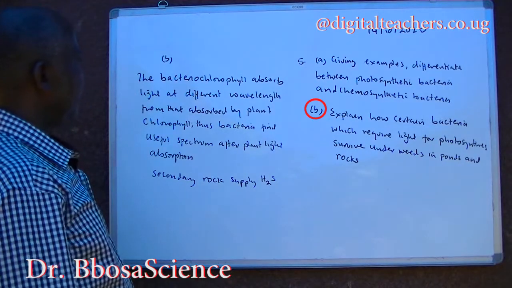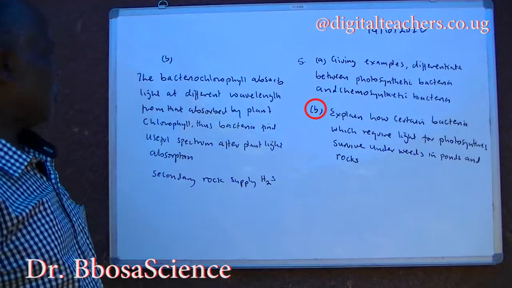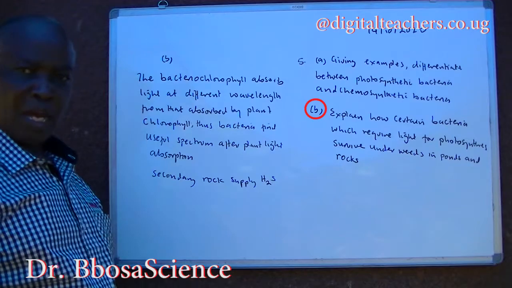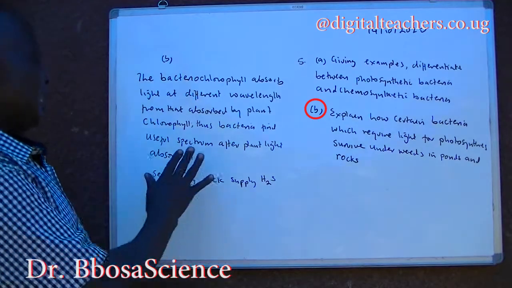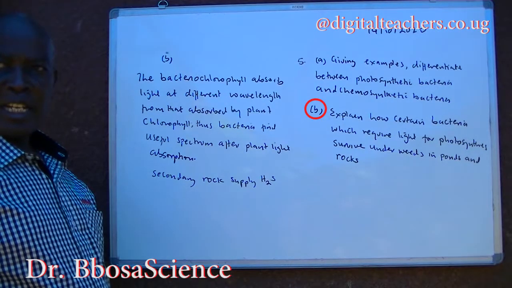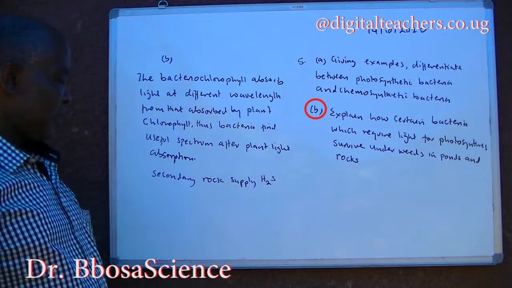rocks. Bacterial chlorophyll absorbs light at different wavelengths from that absorbed by plant chlorophyll. Thus, bacteria find useful spectrum after plant light absorption.